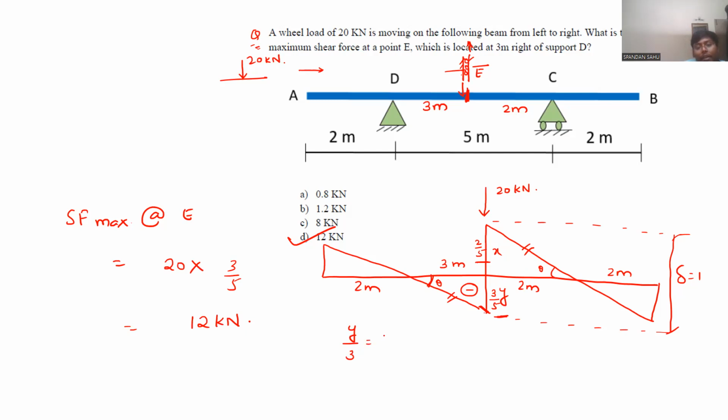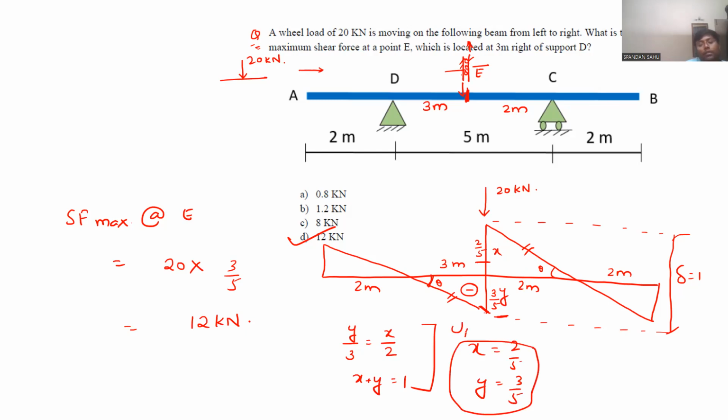I am writing it here, but I am not solving. From these two equations, upon solving, you will get x as 2 by 5 and y as 3 by 5. After that, just multiply 20 kilonewton with this ordinate, and you will get the maximum shear force at the desired point for the given question.